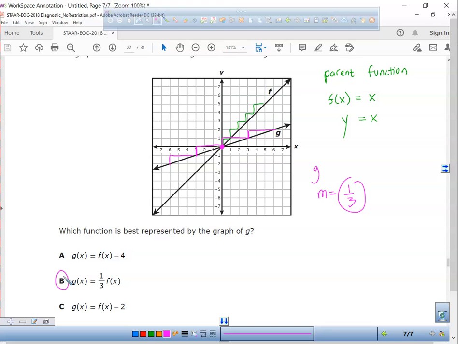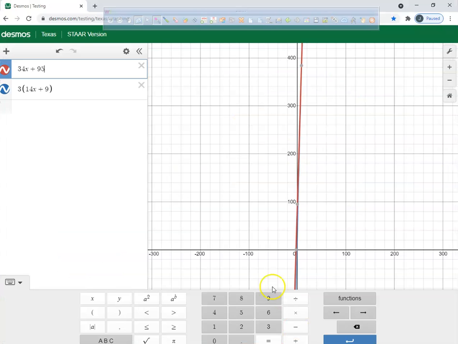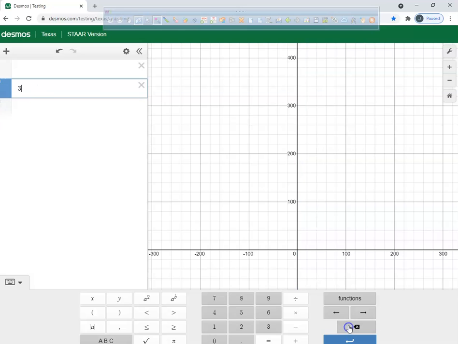That's it. Okay? Now, you're like, well, how could I use Desmos? Well, Desmos will work if and only if you know that f of x is equal to x. So here's what I want you to do. Check this out. In Desmos, type in f of x equals x, please. Just type it in. I dare you.